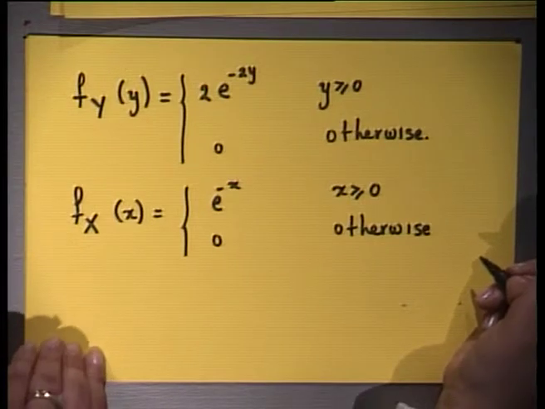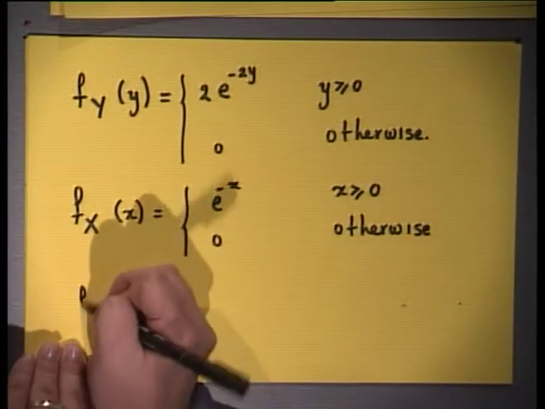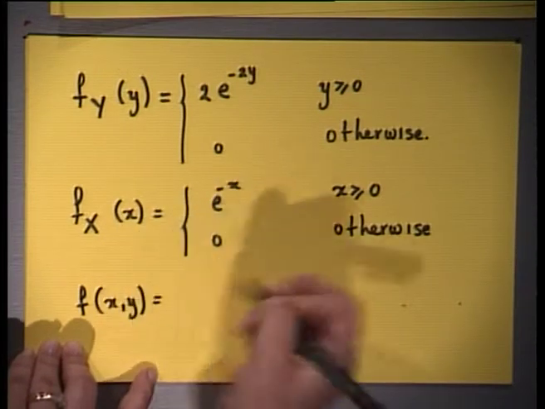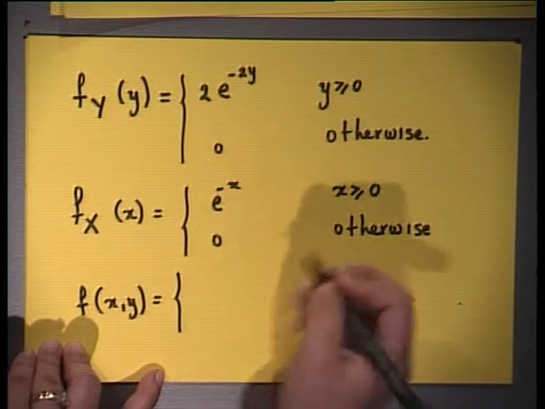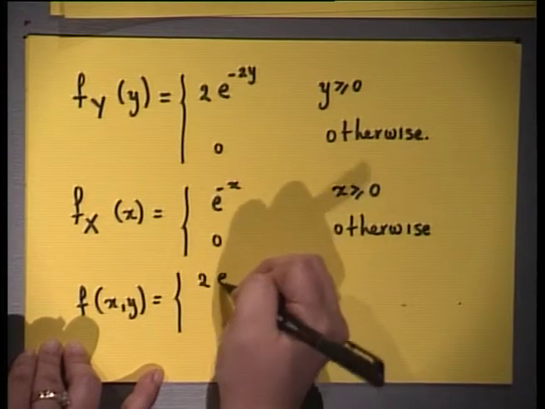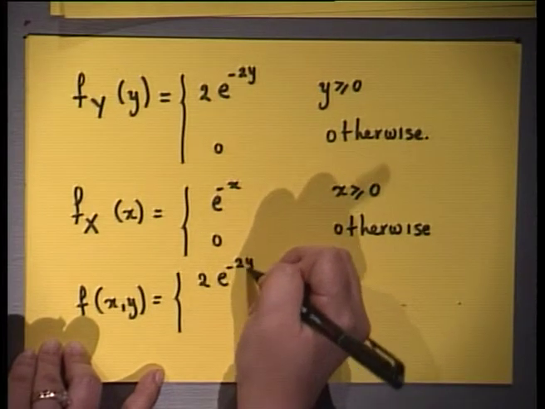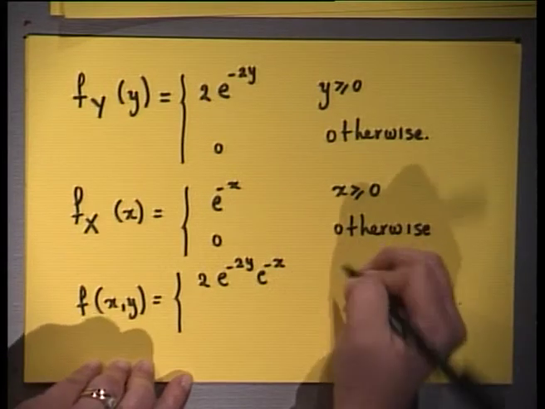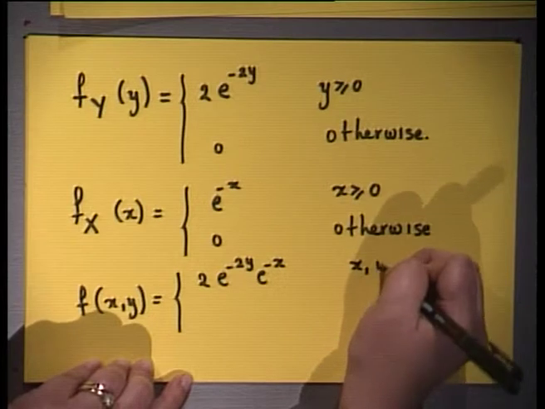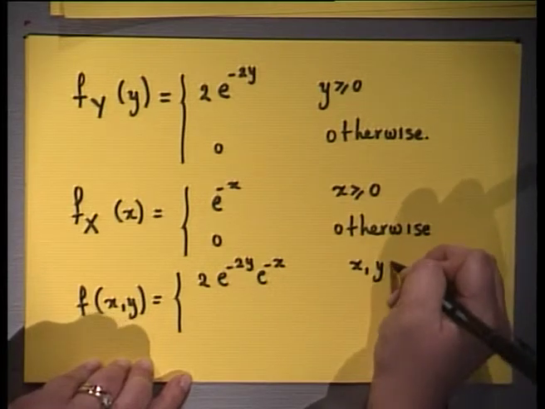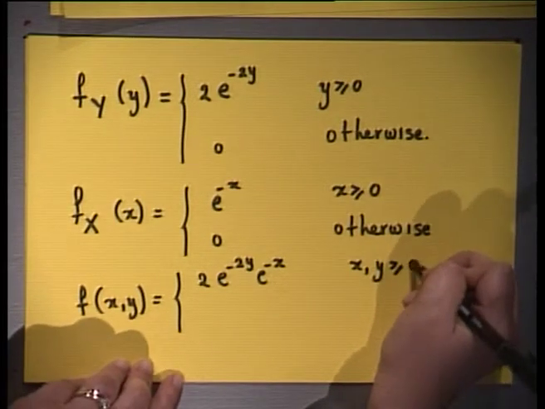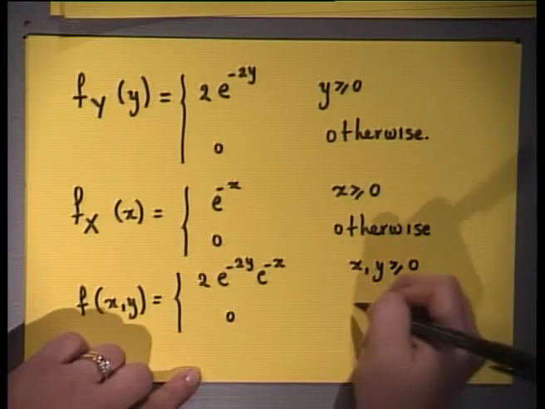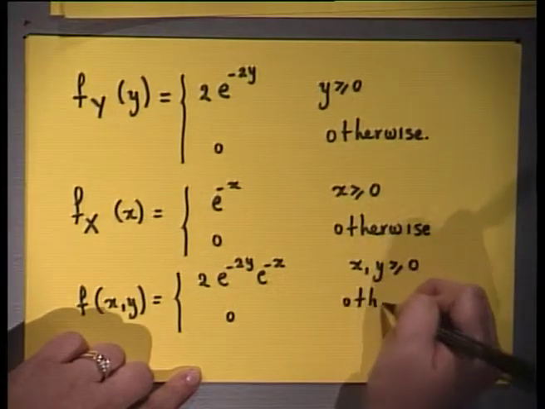And we have that the joint of x and y, we remember that it was this for x and y greater or equal to 0 and 0 otherwise.